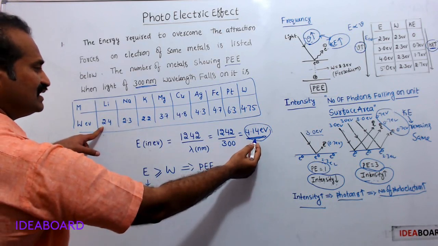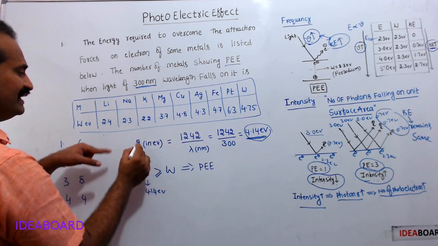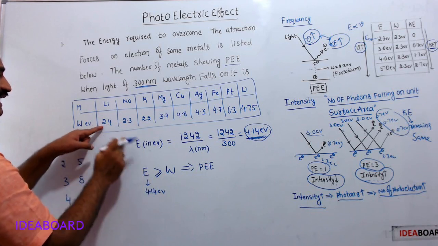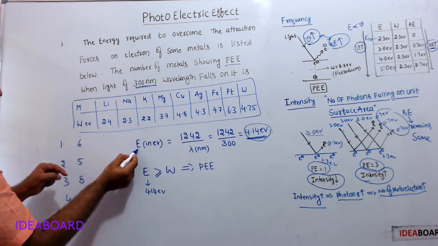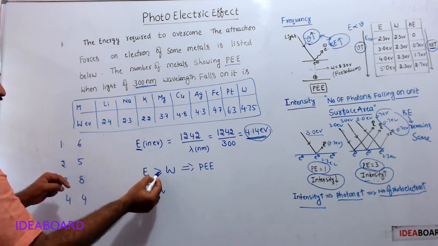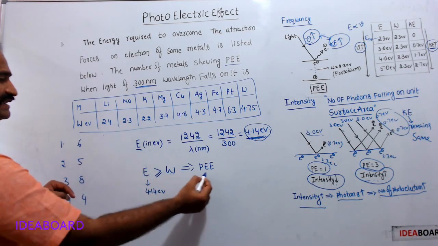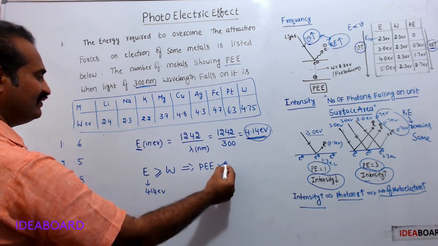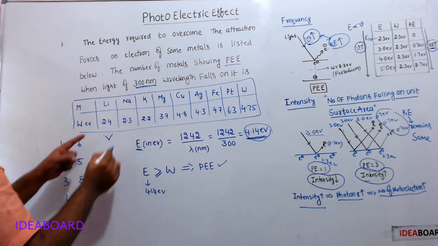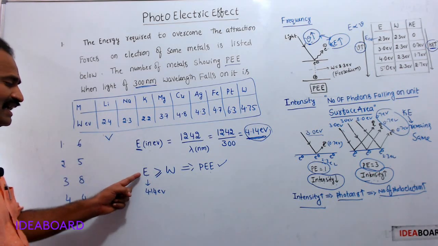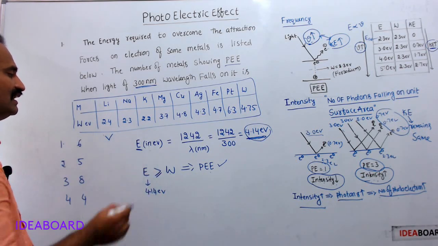Therefore E, the energy of the incident photon, is greater than W, the work function. This condition is satisfied, which means the photoelectric effect takes place in lithium.